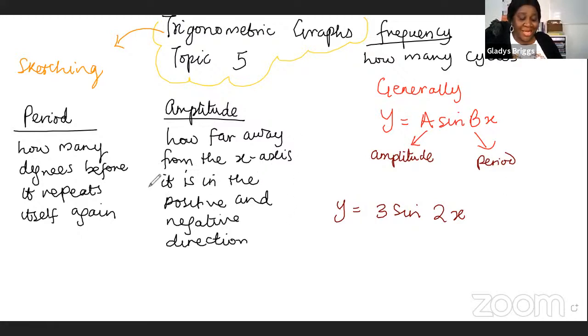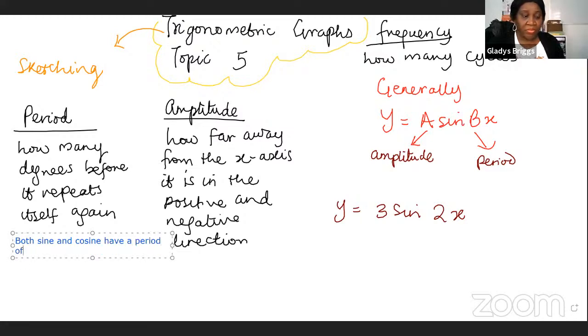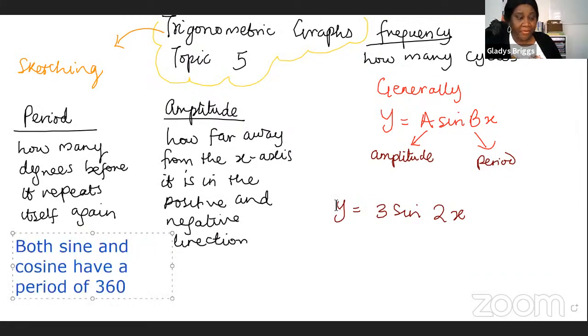Now, both sine and cosine have a period of 360 degrees, okay? I'm going to type that down for you so that you remember it. Both sine and cosine have a period of 360 degrees, and in radians we will call that 2 pi, okay?